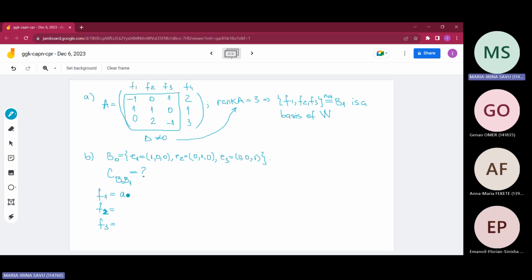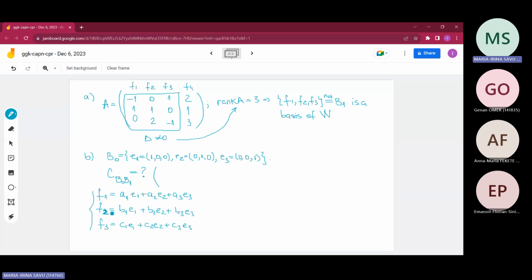So you have to find A1, A2, A3, then B1, B2, B3, and then C1, C2, and C3, such that F1 is this vector, F2 is this vector, F3 is this vector.